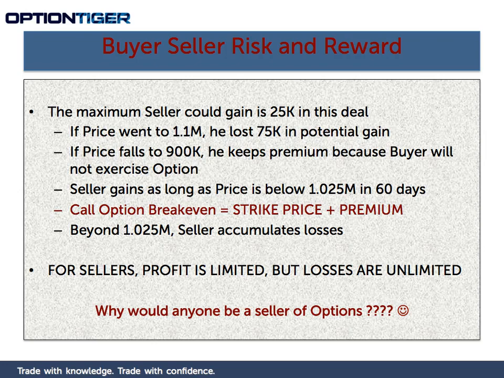So you might be thinking at this point, why would anyone be a seller of options? And I want you to hold that thought, because while this is a valid question at this point, we'll see why it's the case that the profit and loss profile or the risk and reward profile is not really skewed towards the buyer. And we're going to see that as we go along. In fact, I'll give you a spoiler alert here.